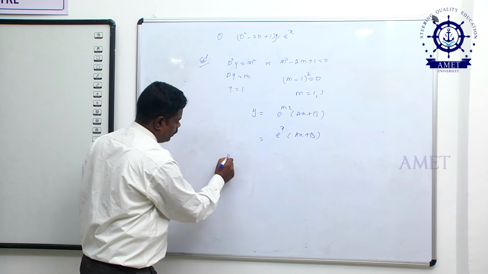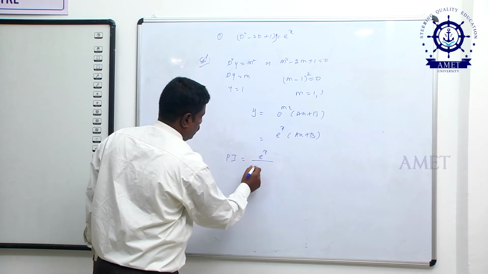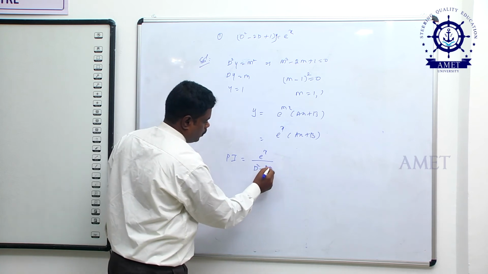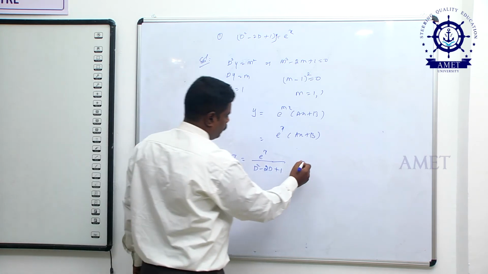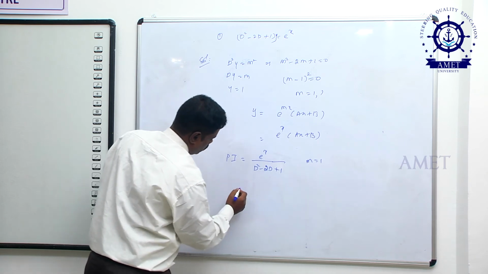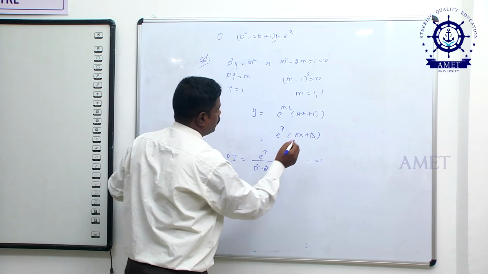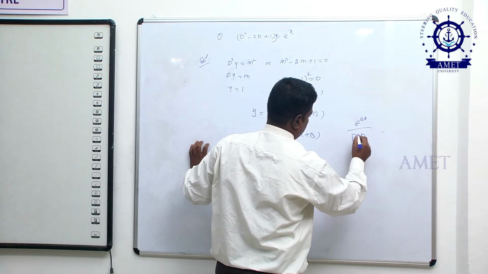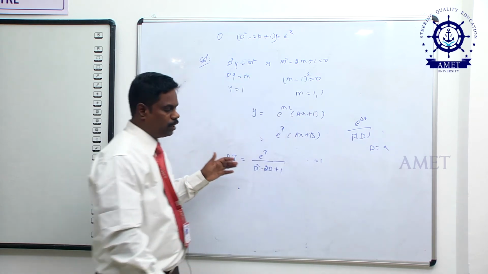Now for finding the particular integral: e power x divided by D squared minus 2D plus 1. What is the coefficient of x in the exponent? It is equal to 1. The general format is e power ax by f of D. Whenever it is in this form, we substitute D equal to a.